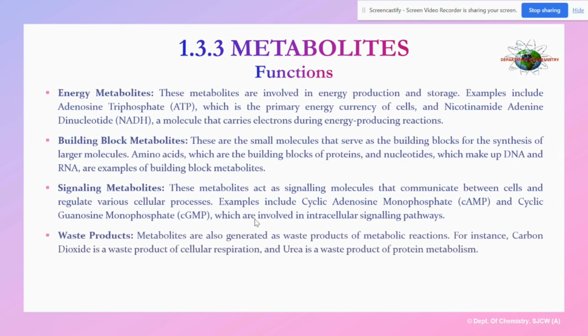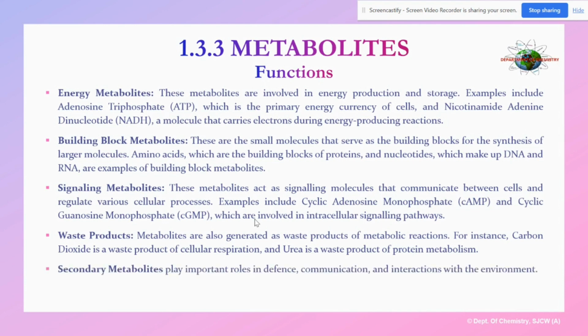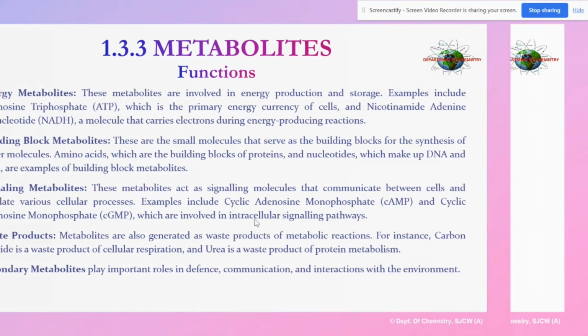Waste product metabolites are also generated in living systems due to metabolic reactions. For instance, carbon dioxide is a waste product of cellular respiration, and urea is the waste metabolite generated due to protein metabolism. Secondary metabolites also play important roles in defense, communication, and interaction with the environment.